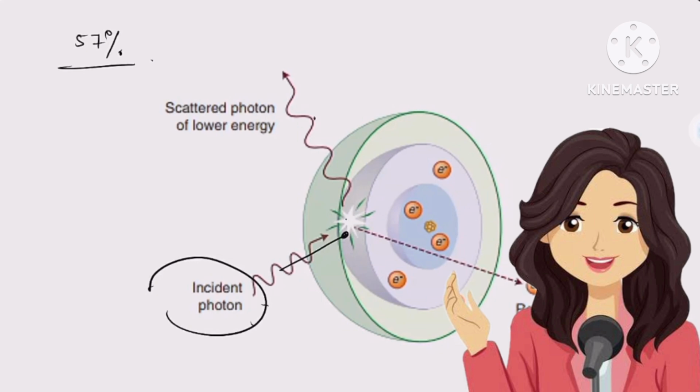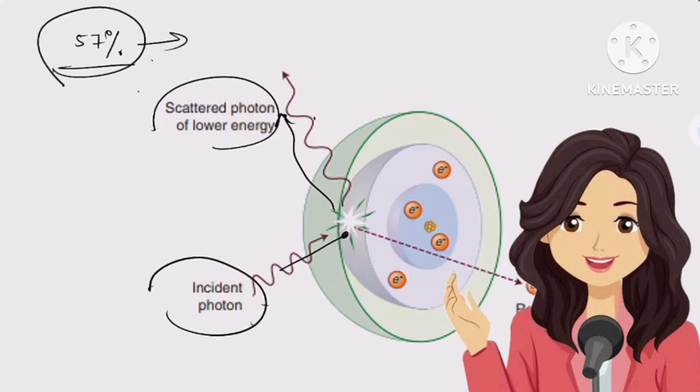Then the incident photon will be scattered in a different direction with lower energy, and this photon, which has some energy, will keep on hitting other atoms or keep on ionizing the other atoms. So this interaction is harmful and it is contributing the most.